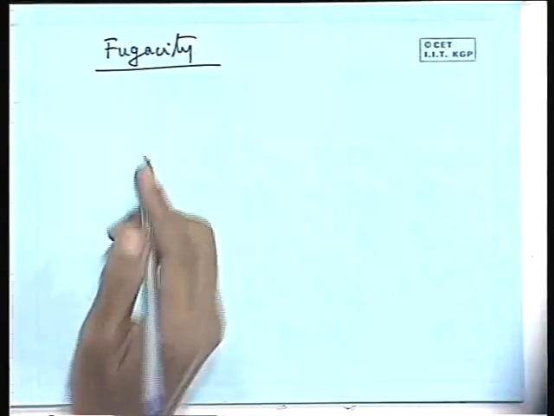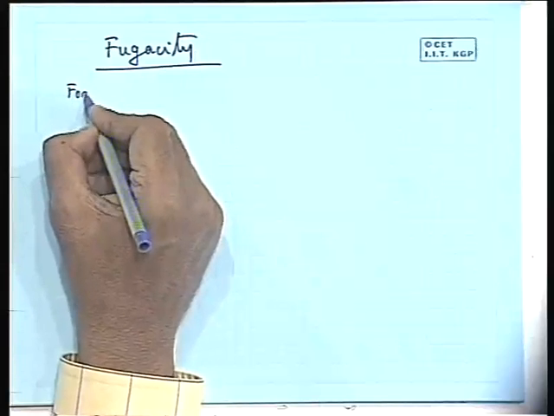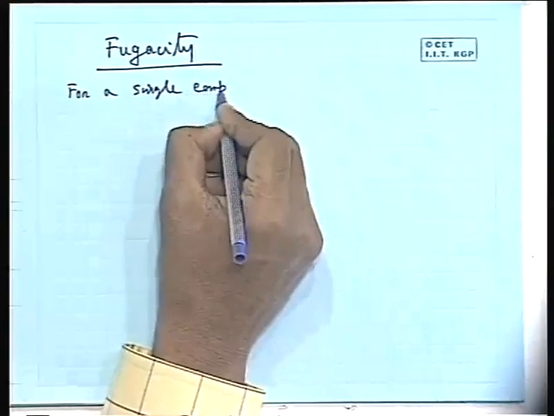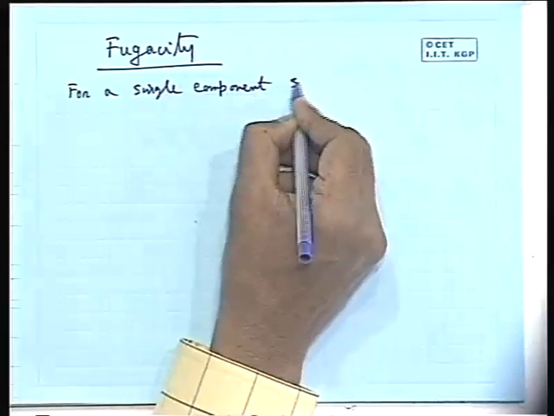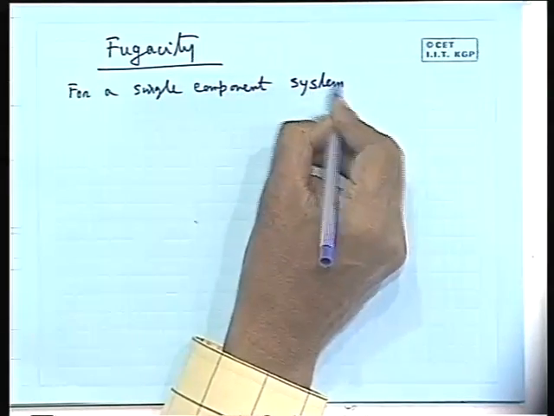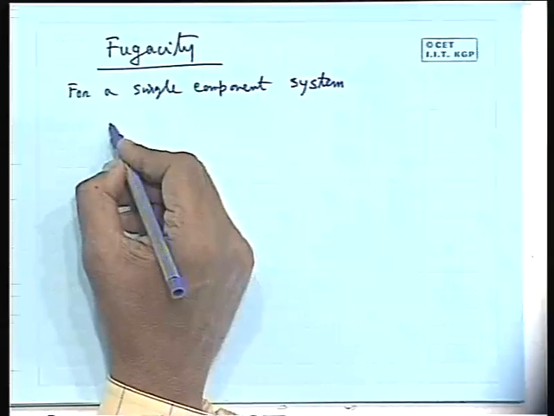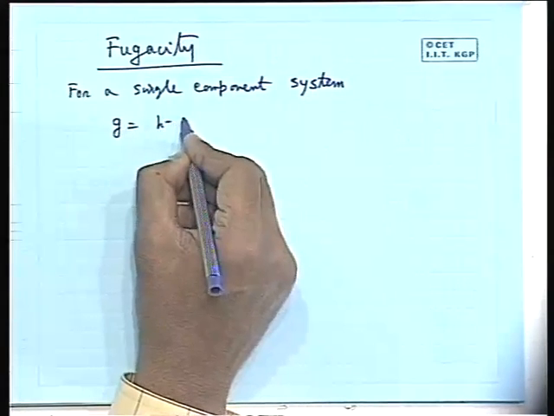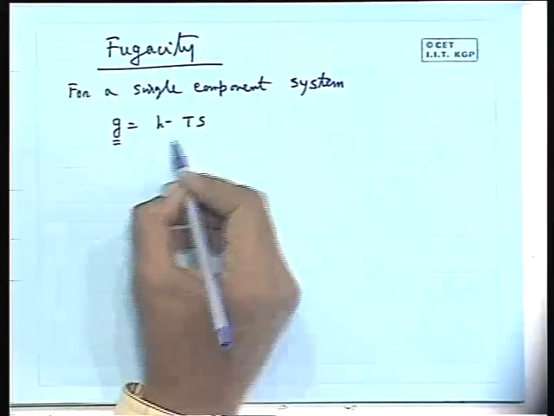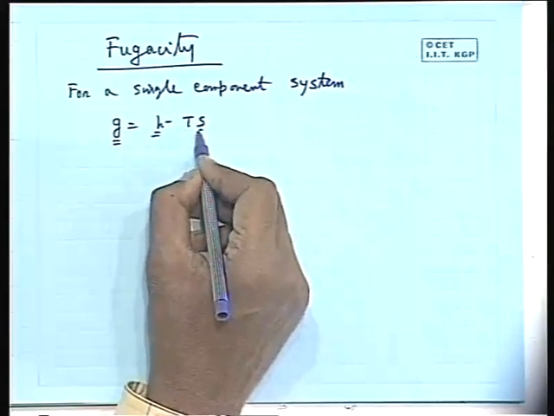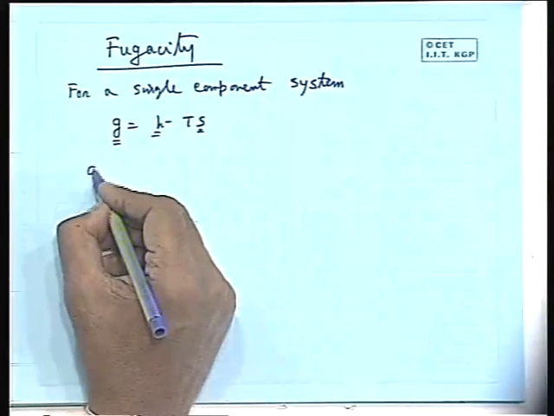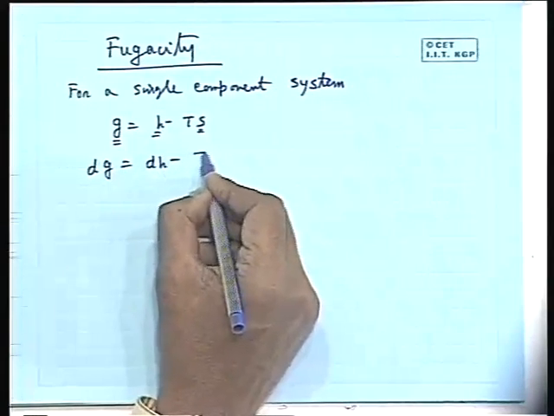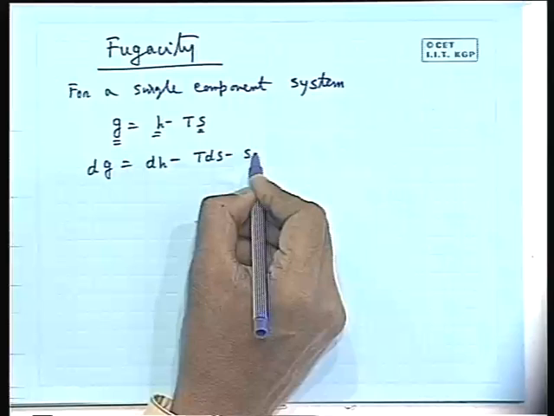Now we know for a single component system, G is equal to H minus TS, that is the molar Gibbs function, molar enthalpy, molar entropy. And if we take dG, if we remember it, dH minus TdS minus SdT.